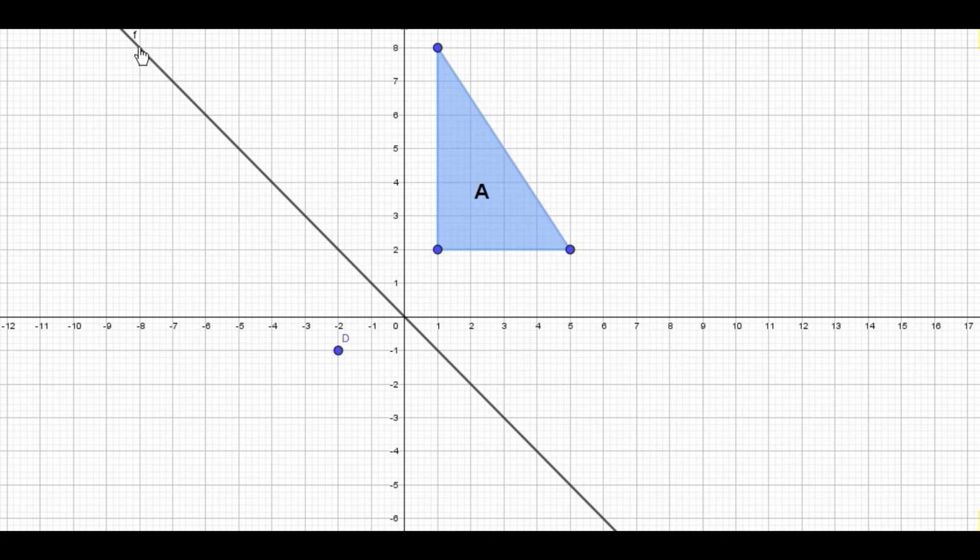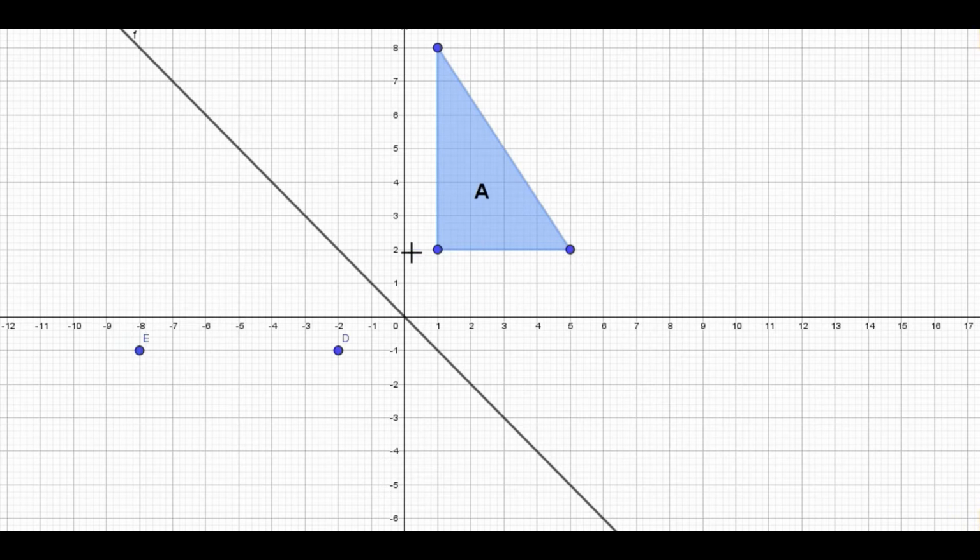From this mirror line, this vertex is in the horizontal direction 1, 2, 3, 4, 5, 6, 7, 8, 9. Now I want to count vertically from this mirror line, 1, 2, 3, 4, 5, 6, 7, 8, 9. The second vertex also I got it.